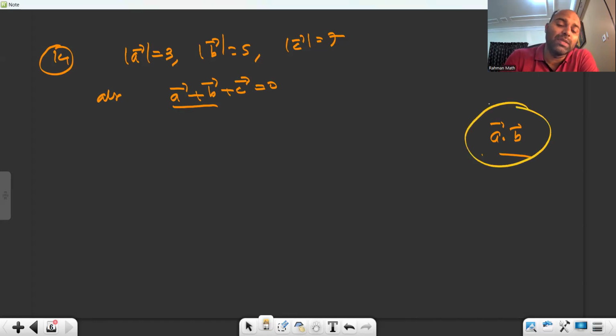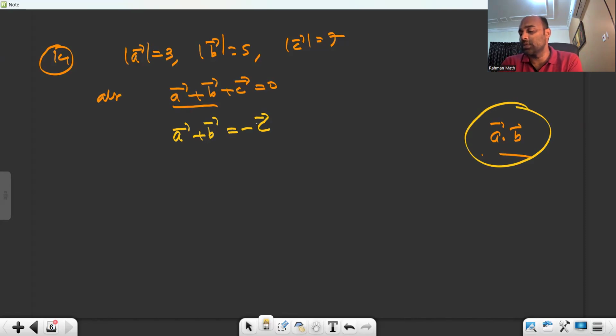So here they are asking the angle between A and B, so A plus B you keep there, C you transpose to the other side. That's the procedure. If they're asking the angle between B and C, you keep B plus C there, A you transpose to the other side.